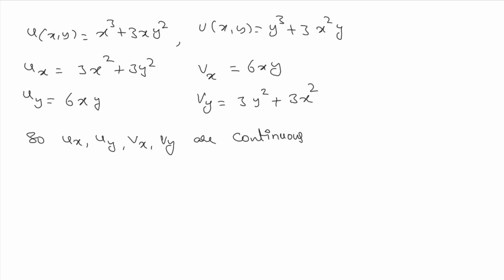These are continuous, but another condition it has to satisfy is the Cauchy-Riemann equations. That is, ux has to be equal to vy, and from this you can see ux equals vy.